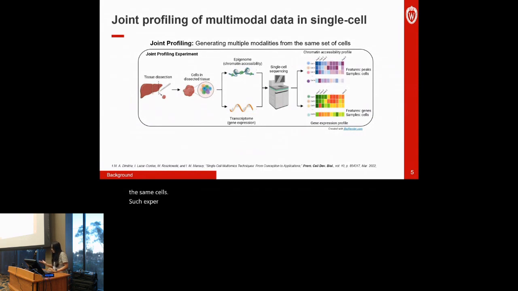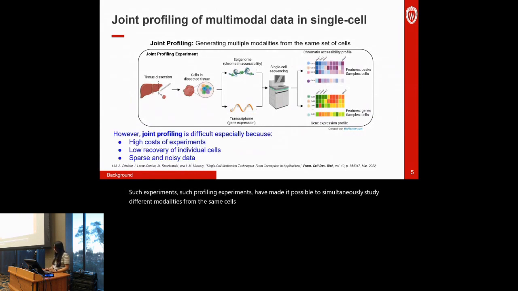Such profiling experiments have made it possible to simultaneously study different modalities from the same cells. But these experiments are not easy, especially because they're expensive. They have low recovery of cells, and the data collected is sparse and noisy.